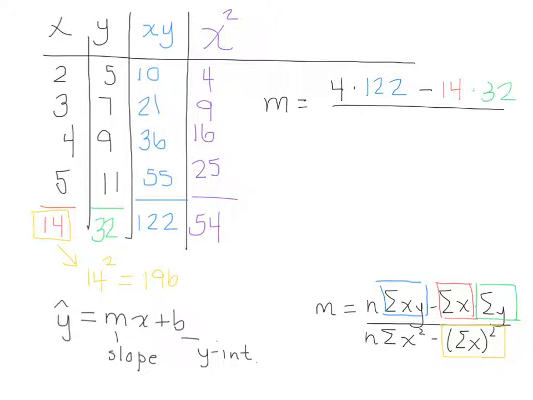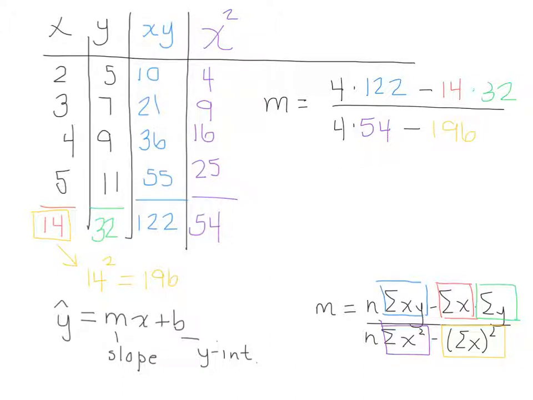So there's my numerator. In my denominator, once again, I start with n, the number of ordered pairs. I have 4. Multiply that by the sum of my x squareds, which I did in purple, and that was 54. Subtract the sum of my x quantity squared. So subtract from that my gold number, and that was my 14 squared, or 196.